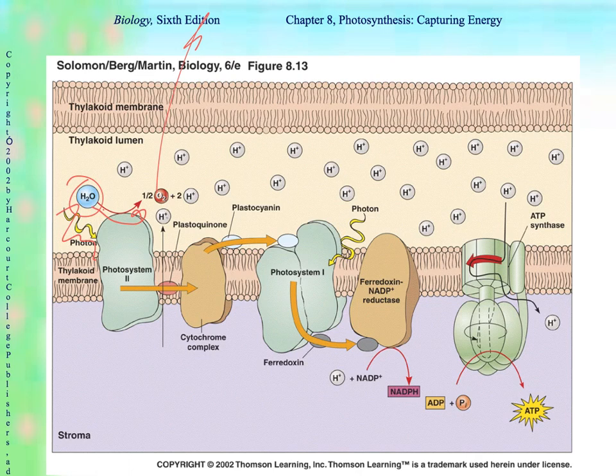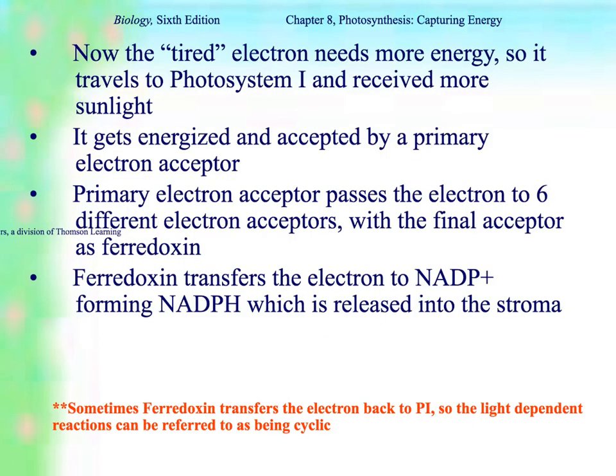And then what happens is this electron that gets excited is going to pass from one molecule, the primary electron acceptor, to plastoquinone, to cytochrome complex, to plastocyanin, and so on. We didn't get any farther than that. So we made a little bit of ATP, but now we have an electron that doesn't have any more energy. And energy got transferred to ATP. So this tired electron is now going to need more energy.